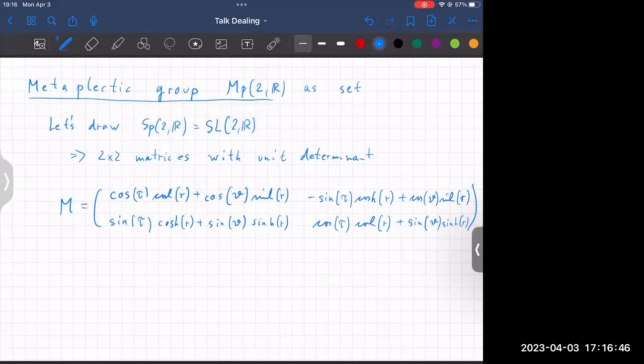Essentially, if you calculate the determinant of M, you find that it's 1, and you can even show that every 2 by 2 matrix with unit determinant can be written in this form. And what we should notice is that tau is 2 pi periodic.